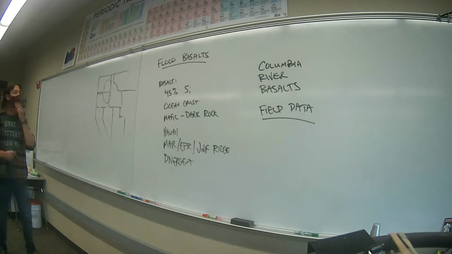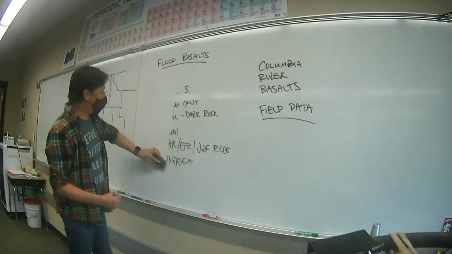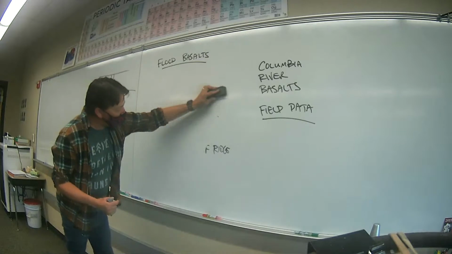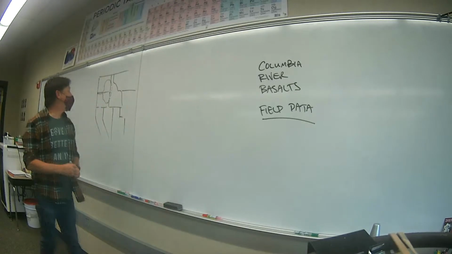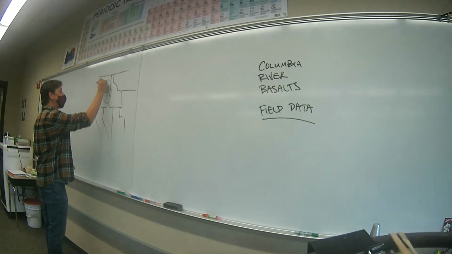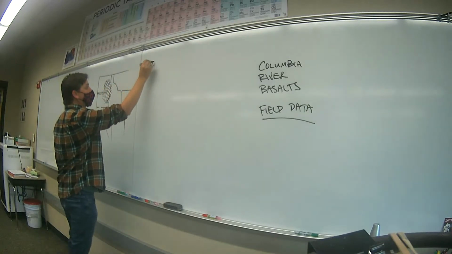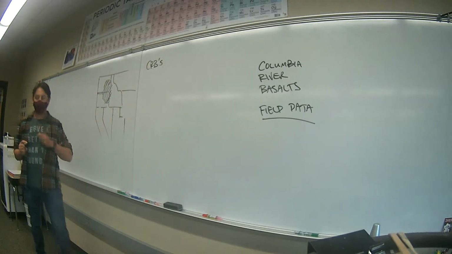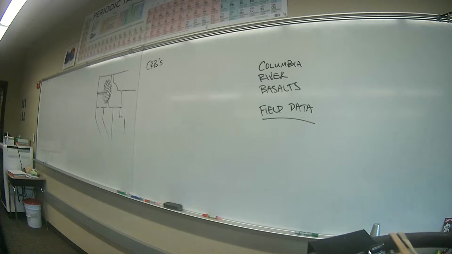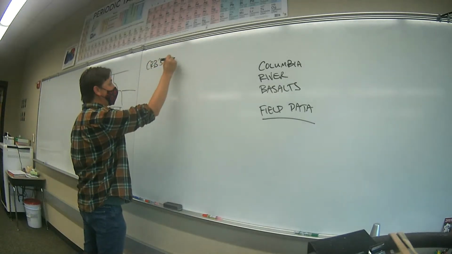They're flood basalts because there's so much lava. There is just so much. And it didn't all happen at once. These Columbia River basalts, henceforth abbreviated as the CRBs, formed in hundreds of individual eruption events.